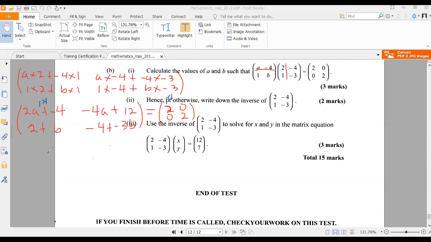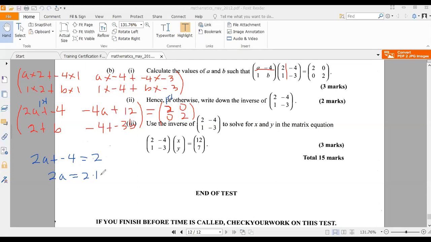So you are going to say that 2A plus -4 is equal to 2. And we want to find A, right? So 2A is equal to 2 plus 4.